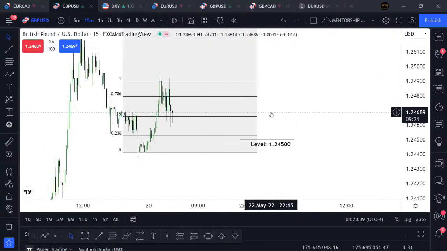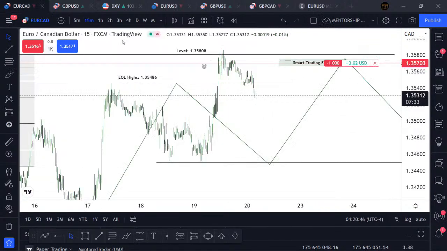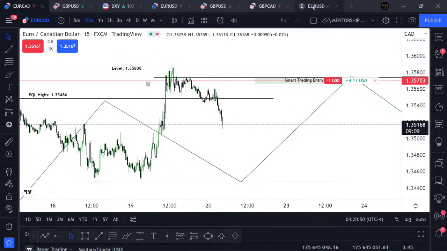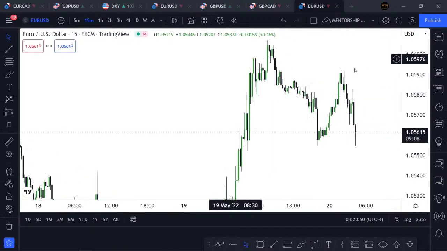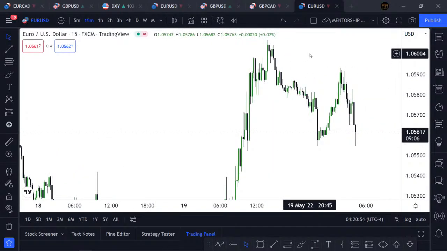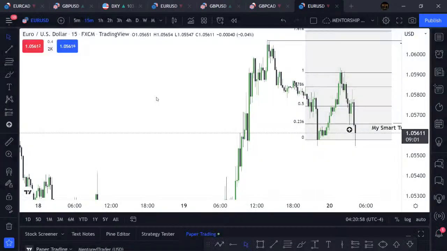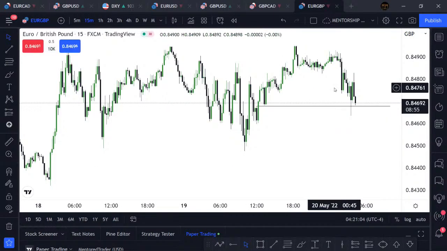Okay. It's the pound dollar, euro Canadian, then euro GBP. Let's see.